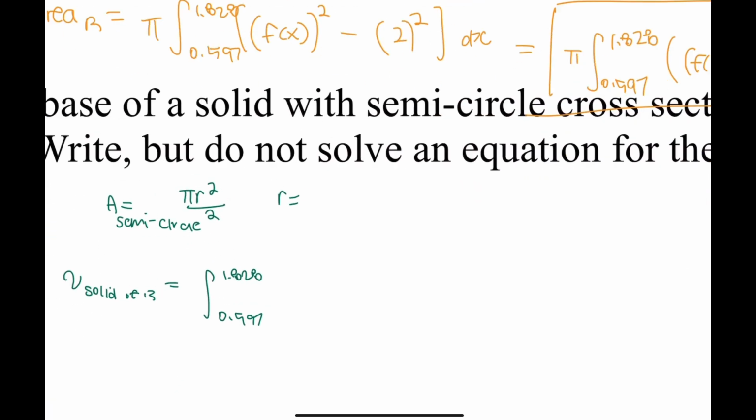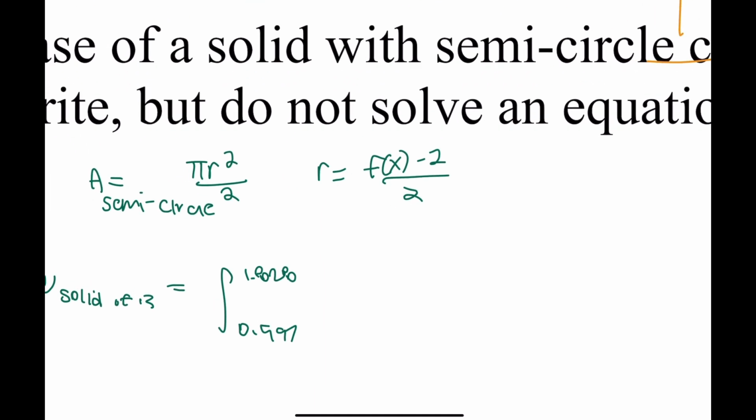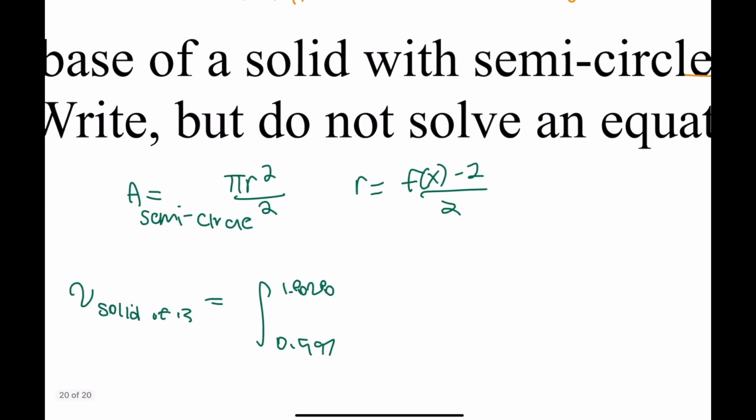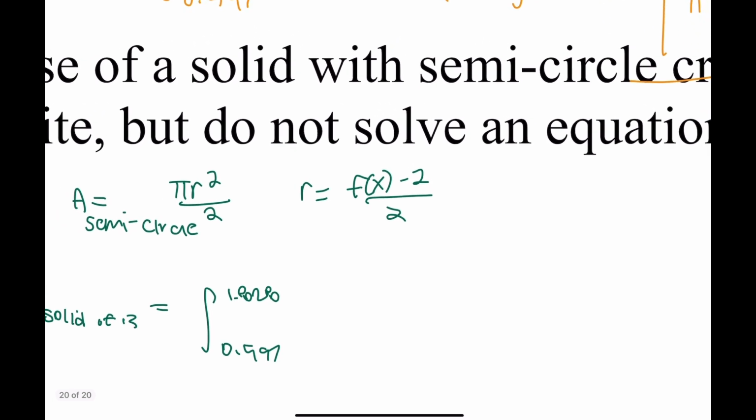Because the area is pi r squared over 2, we are going to square the radius. We're going to put the pi over 2 outside. Radius squared would be f of x minus 2 over 2 squared, which is over 4, and then dx.